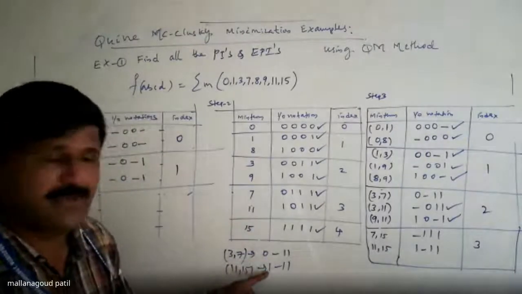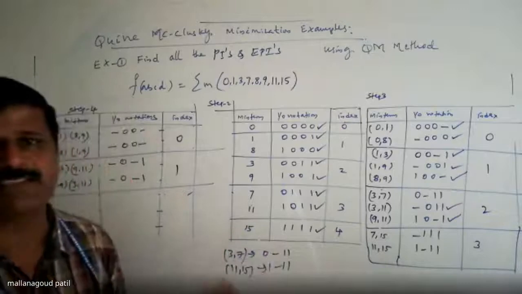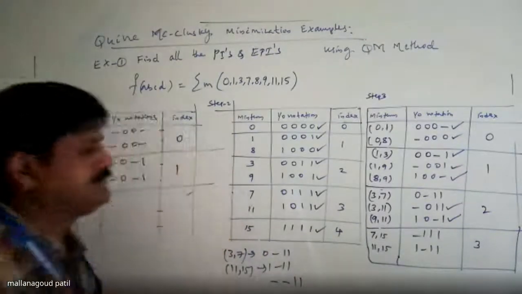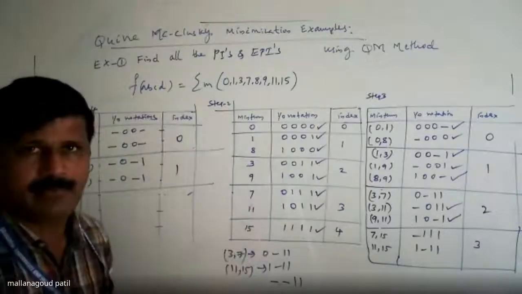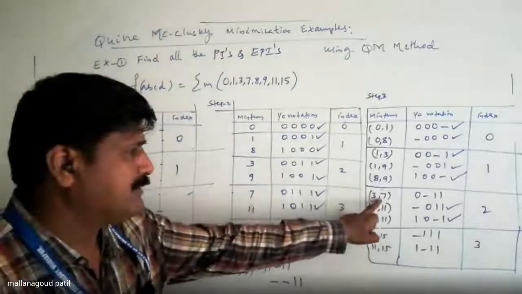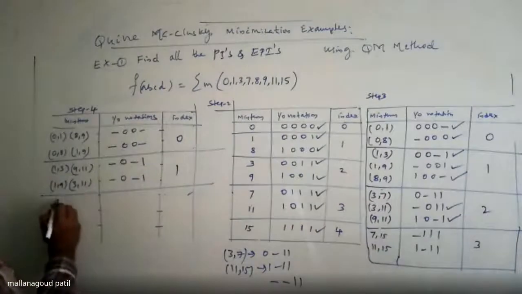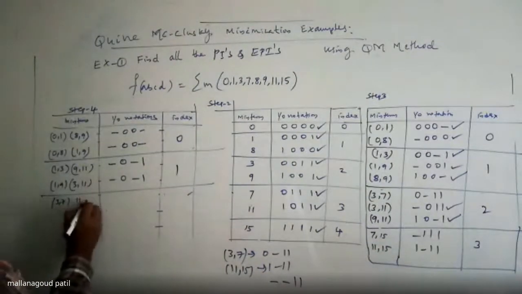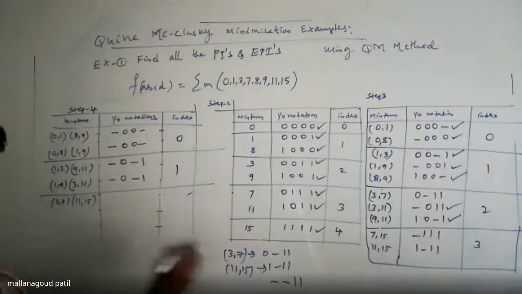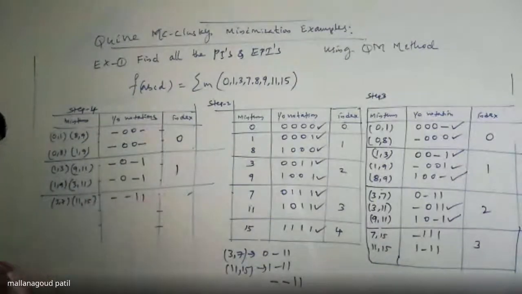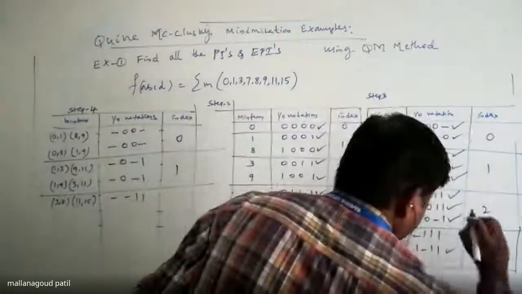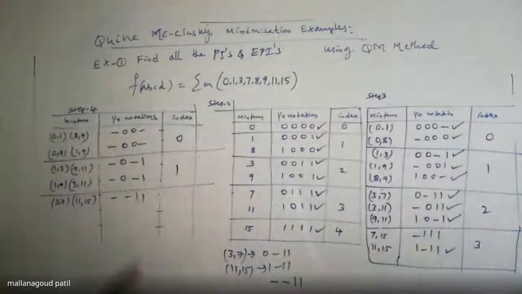First bit differs, second, third, fourth bits are same. Then representation will be dash, dash 1, 1. Which two minterms? 3, 7 and 11, 15. Representation is double dash, double 1. Now I have to mark both.